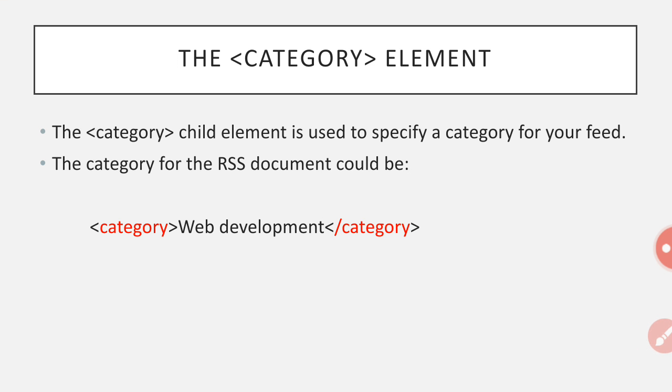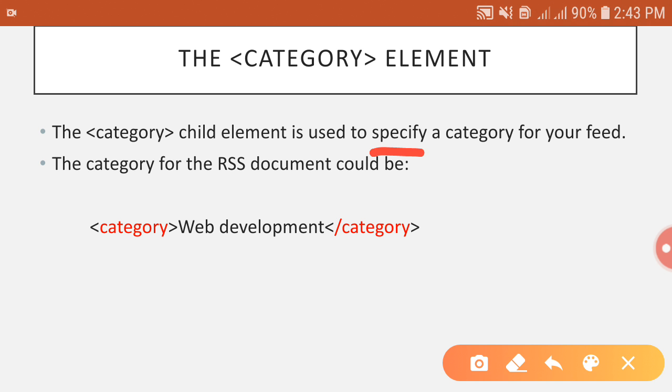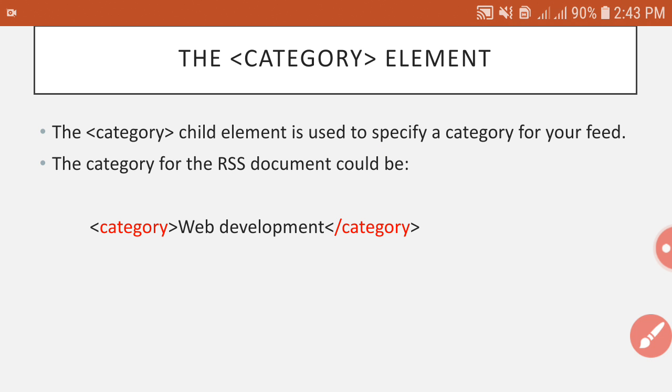The first child element of channel is the category element. This is an optional element, right? The category child element is used to specify a category for your RSS feed. Using the category element, it is possible for an RSS aggregator to group websites based on some category.